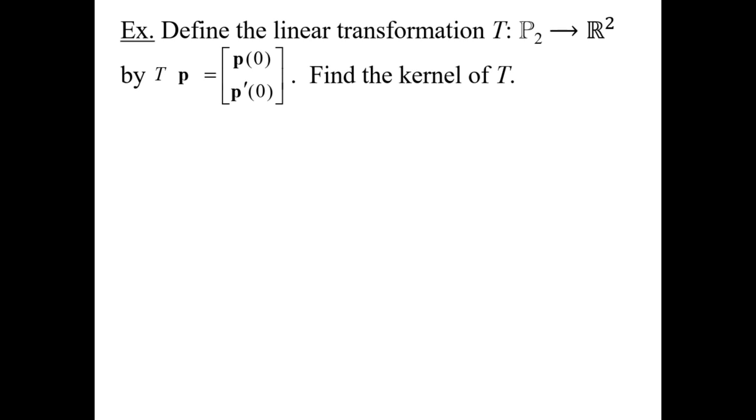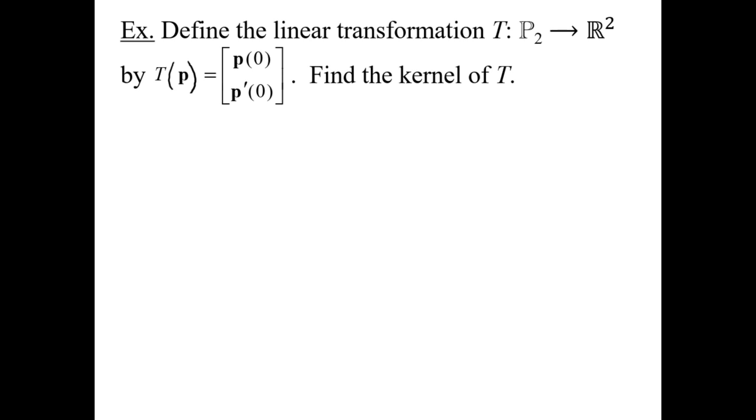We're defining the transformation of a polynomial P as the vector where the top entry is the value of P at 0, and the bottom component is the derivative of P at 0, and we want to find the kernel of T.